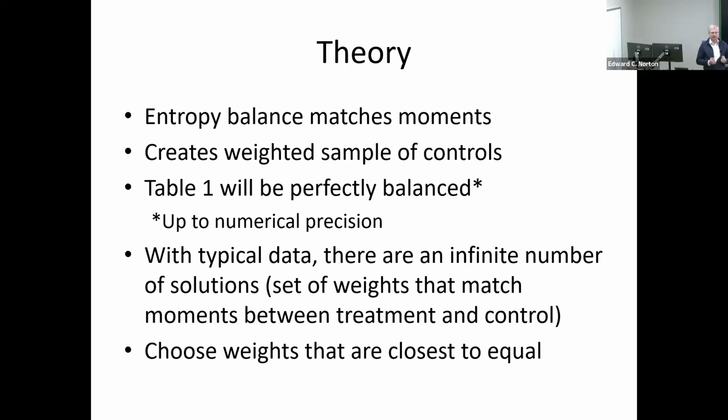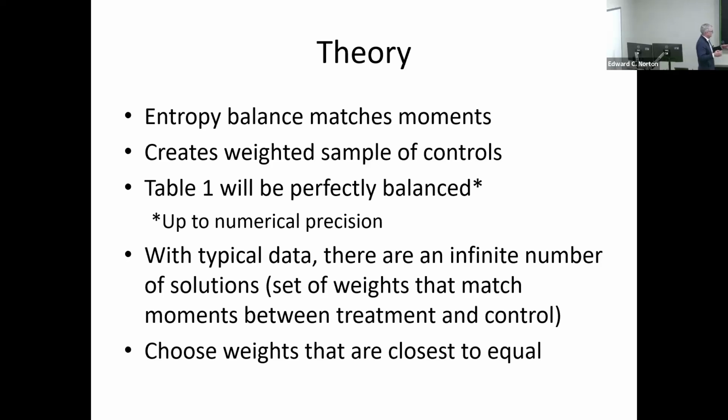What entropy balance is going to do is find a set of weights such that basically table 1 has all the right properties. Okay? The details behind that I don't think are important to go through today. I'm happy to talk about that later if you want. But what it does is two things. One is it finds weights such that the means of the weighted controls match the means of the treated group, as well as the variances and so forth.